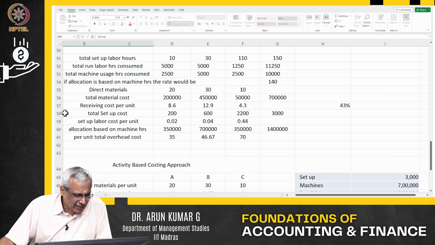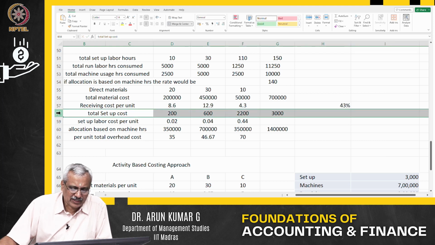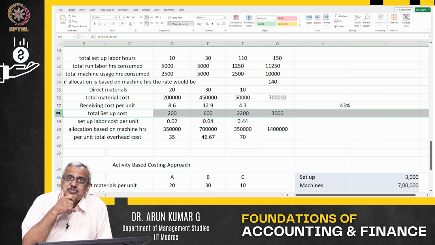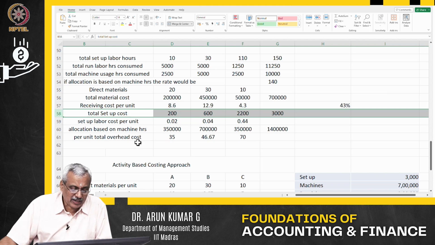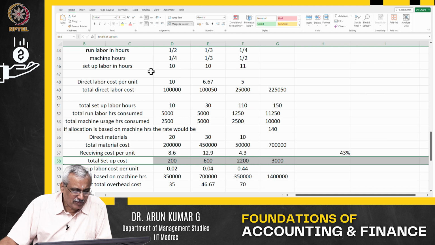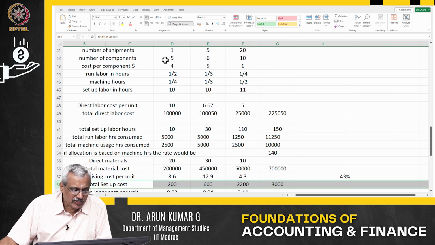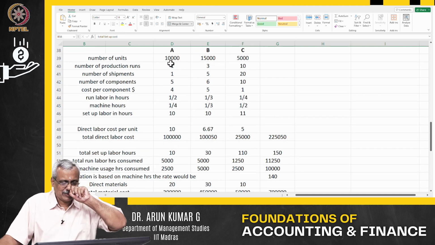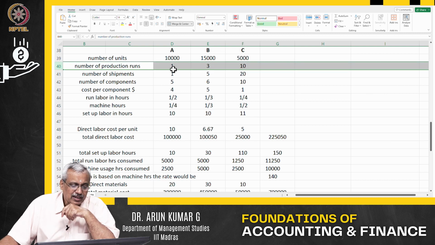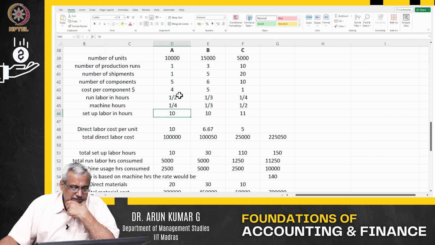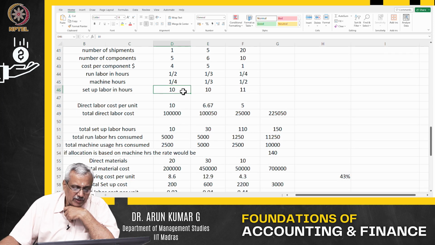We said that for A it consumes 200, for B 600, for C 2200, because the setup is dependent on the production run. For every production run you have to do a setup. For A there is only one production run, so your setup labor required is only about 10 hours.